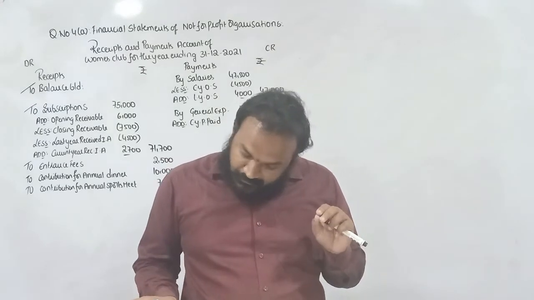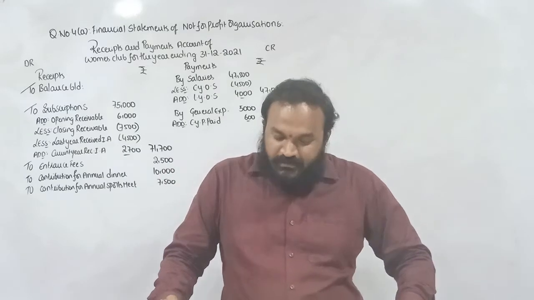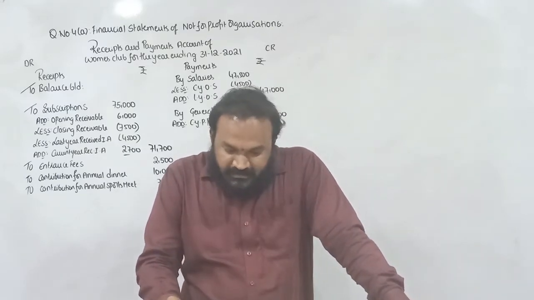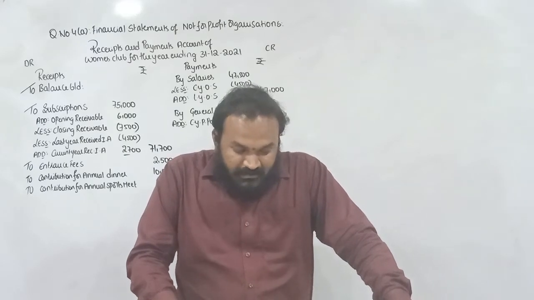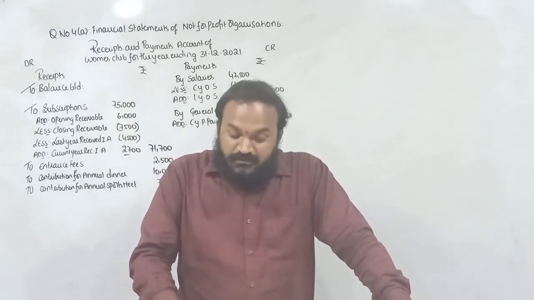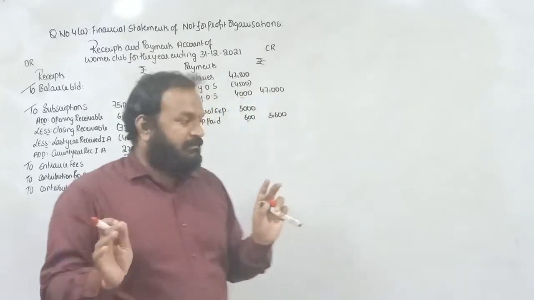Next, audit fees. What is the amount debited to income and expenditure account? 2,500, and they had said that audit fee for the year 2021 is yet unpaid. But during 2021 audit fees for the year 2020 was paid, right?